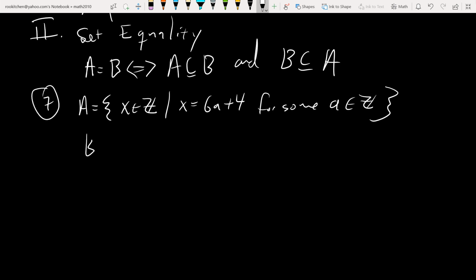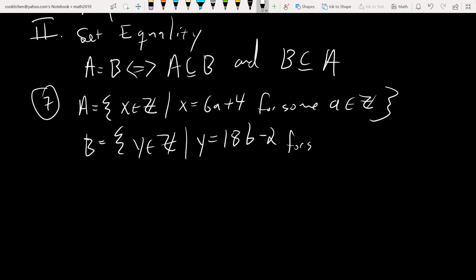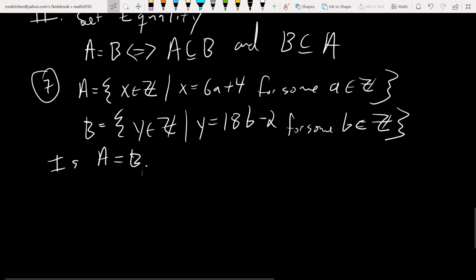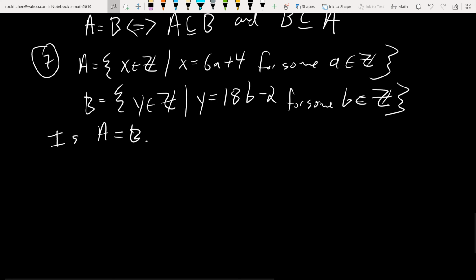Set B then is going to be the set of all y in the integers such that y is equal to 18b minus 2 for some b in the integers. So there's questions like, okay, so is A equal to B? And to show that, you have to prove that A is contained in B and B is contained in A.